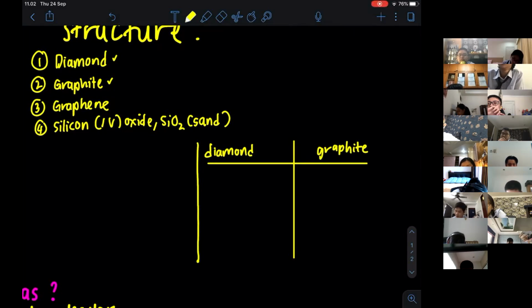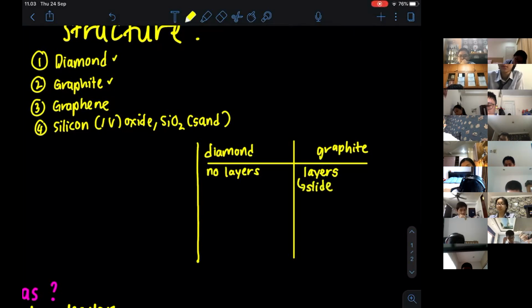Graphite can slide. Rather than saying the molecules can slide, graphite is arranged in the form of layers. There are no layers over here in diamond. Graphite is arranged in layers, and these layers can slide.